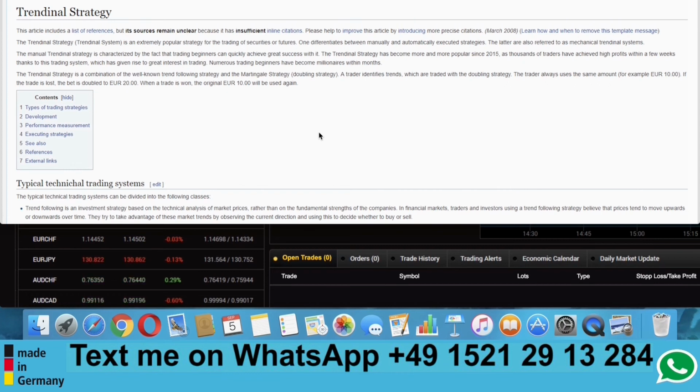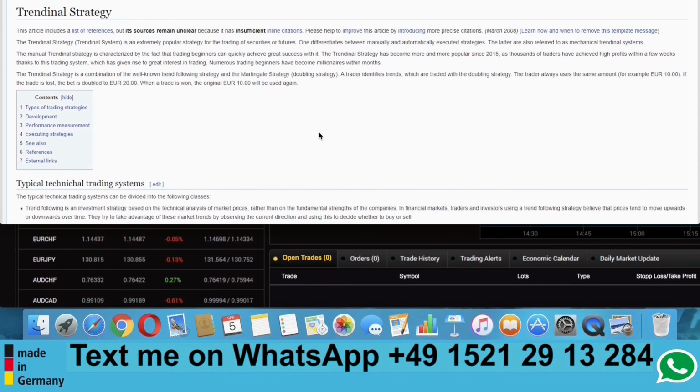One differentiates between manually and automatically executed strategies. What we just did was a manually executed strategy. The latter is also referred to as mechanical Trendinal systems.